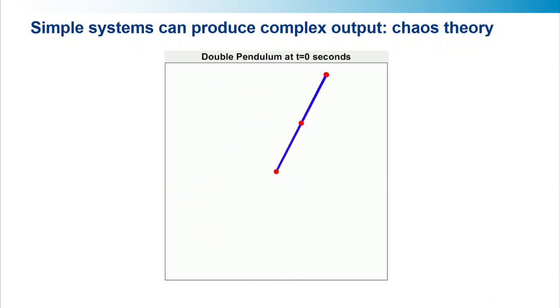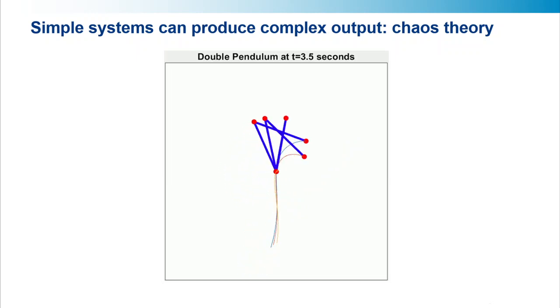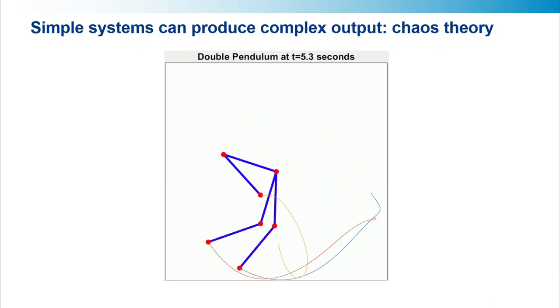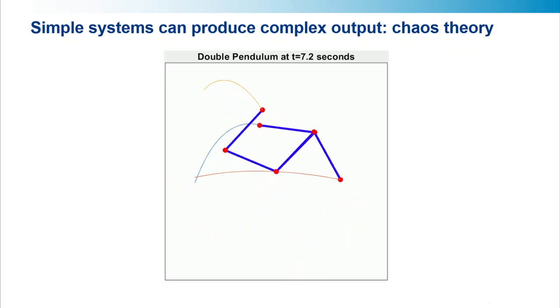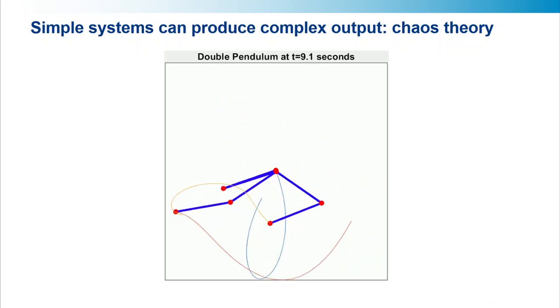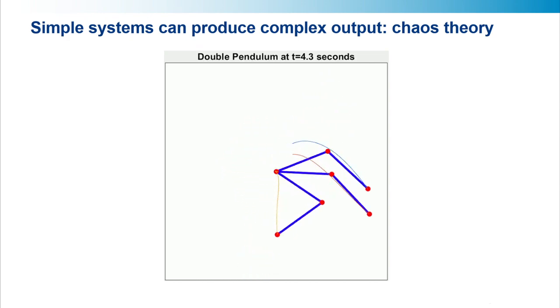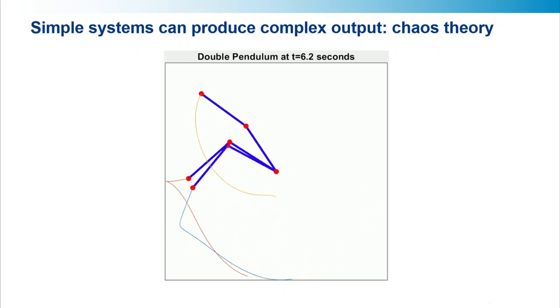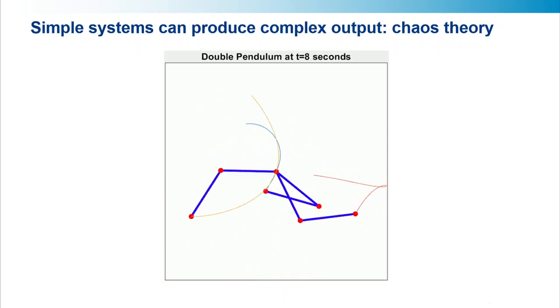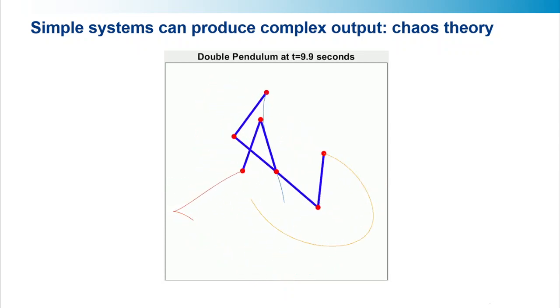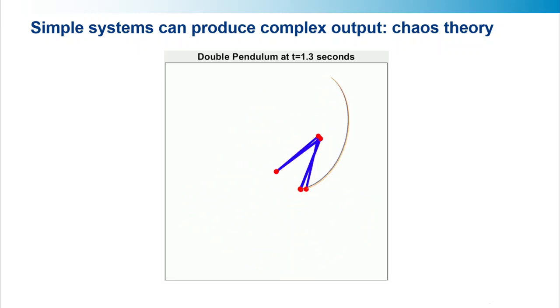This is called deterministic chaos, because in principle the motion of these pendulums is entirely able to be determined from basic mathematical equations, but the sensitivity to those initial conditions produces very complex chaotic behavior.